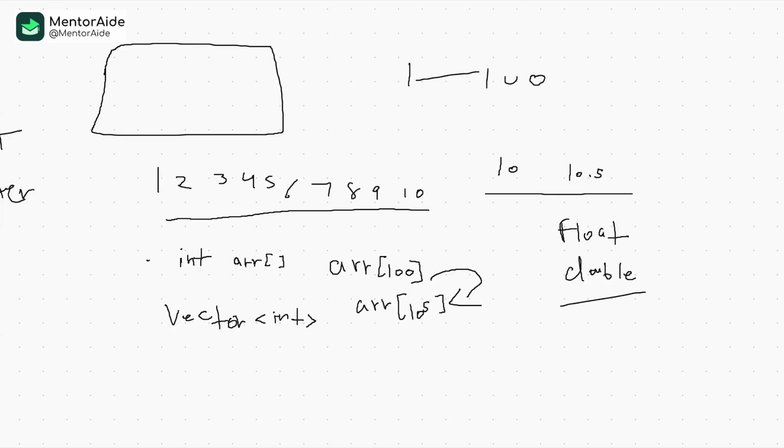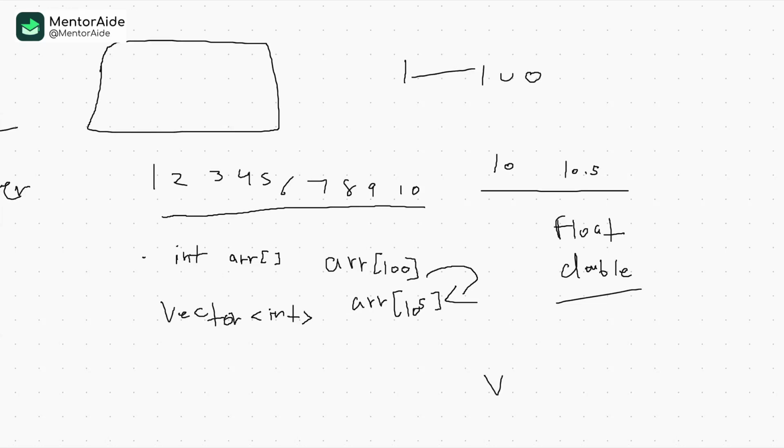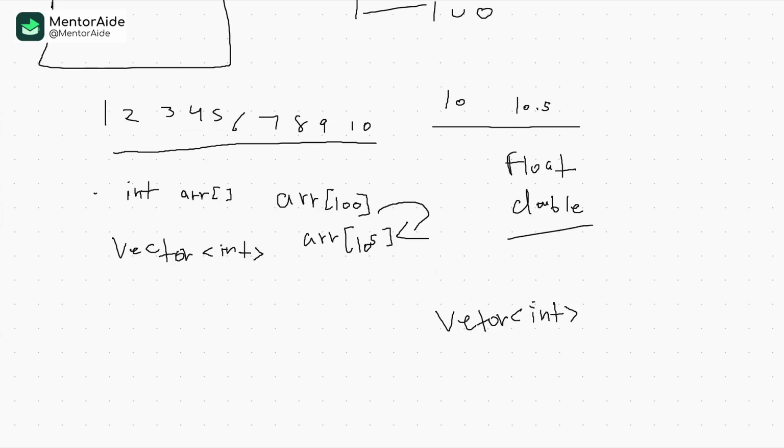So instead, we can create an array by using the vector, where you can keep incrementing the size at any time. In vector, you don't need to provide the size of the array initially.